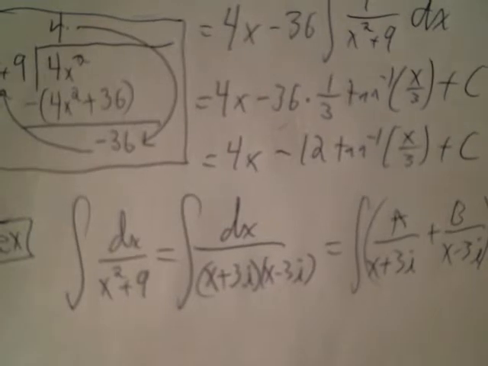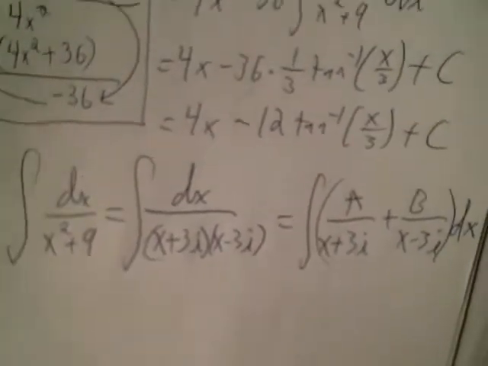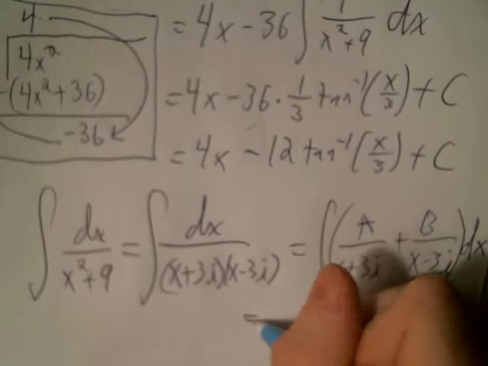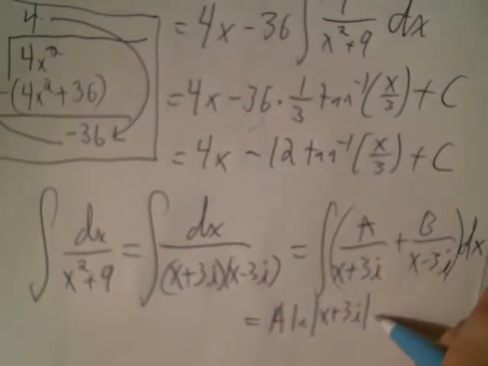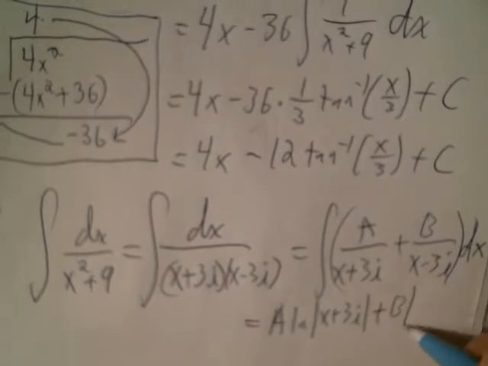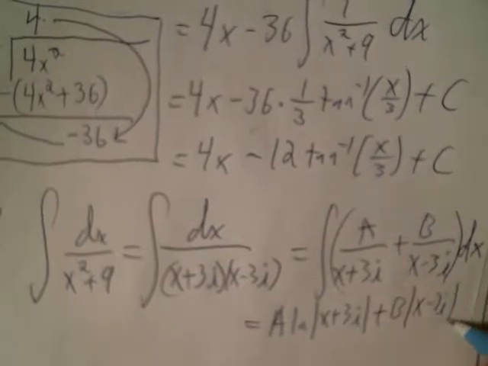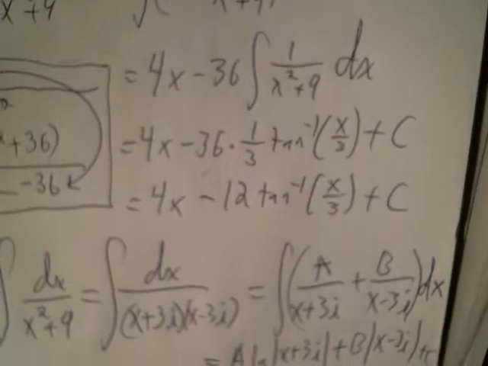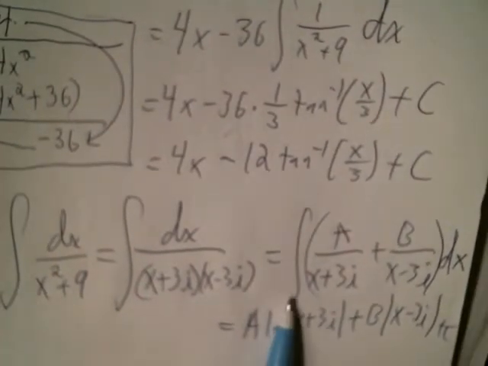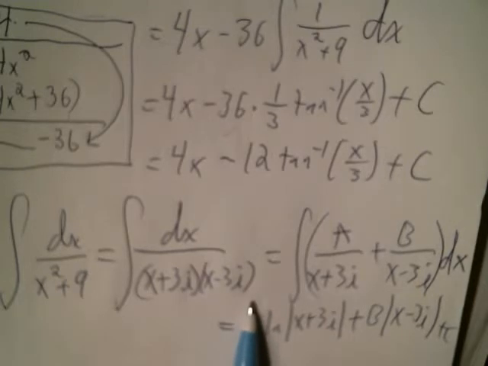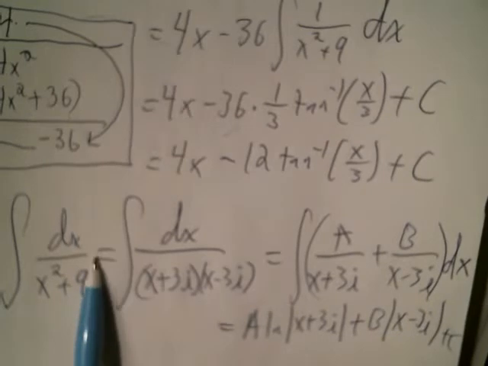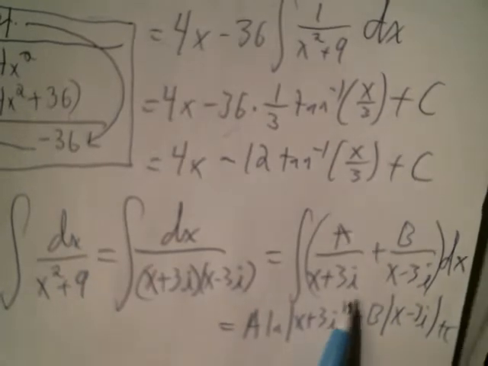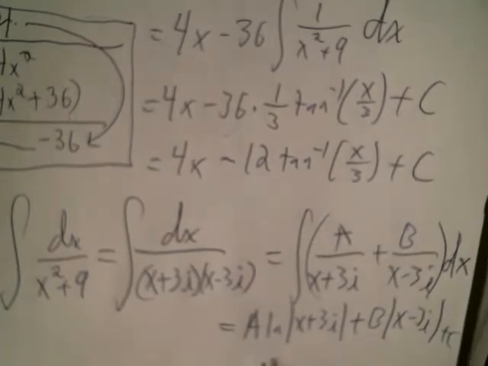Then you could use your rules for logarithms to integrate these, and they end up being something like a ln absolute value of x plus 3i plus b ln absolute value of x minus 3i plus c. So computers are much more partial fraction decomposition oriented. They'll always take these things apart, and then you'll get logarithms.